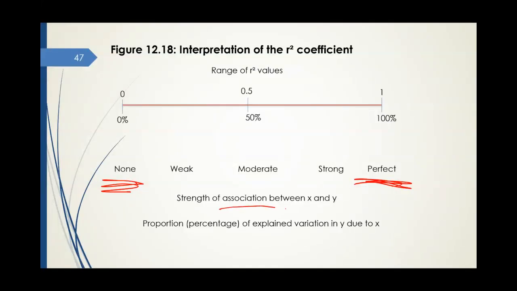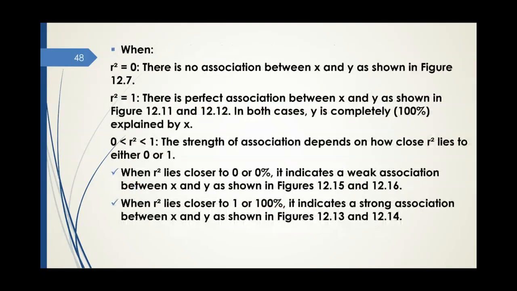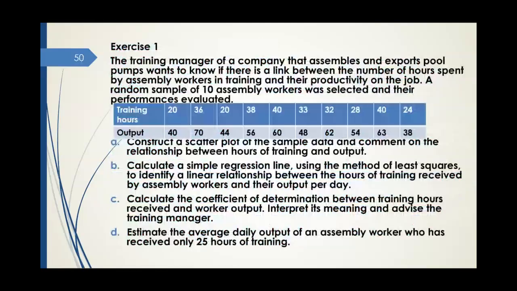So again, here we're looking at the strength of the association, but now we're talking about how much the dependent gets explained by the independent. You can see they said proportion of explained variation in y due to x. Cool, so again, they're just giving you an example.